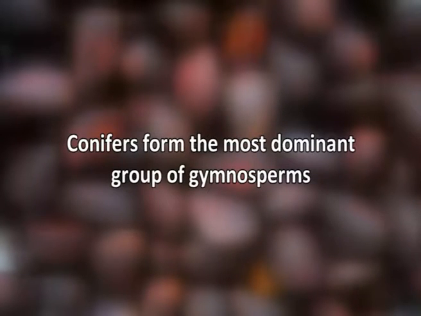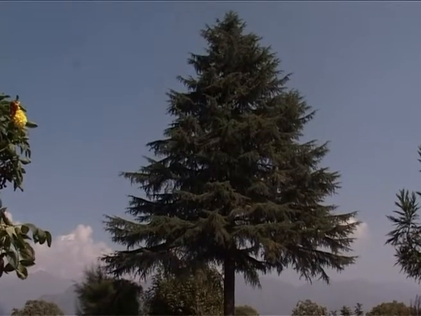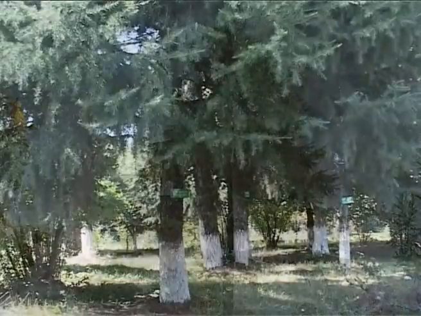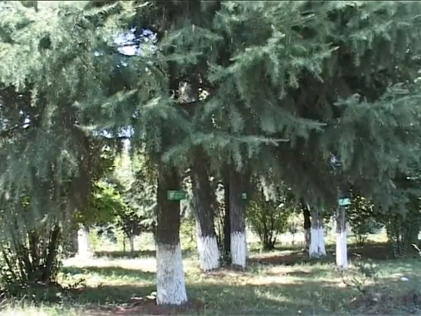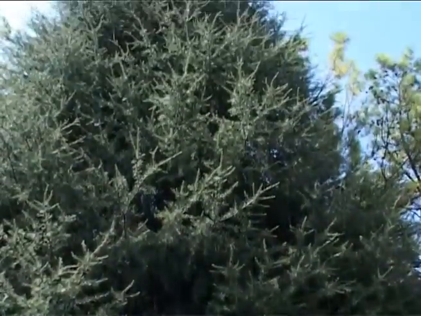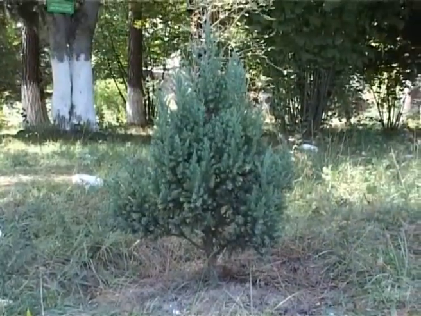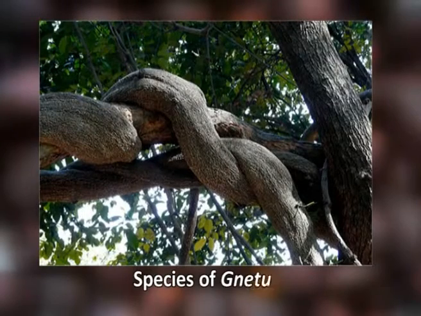of gymnosperms. The plant body of gymnosperms is a sporophyte, which is differentiated into root, stem and leaves. They include perennial trees and shrubs. Some gymnosperms are woody climbers, for example, species of Gnetum.